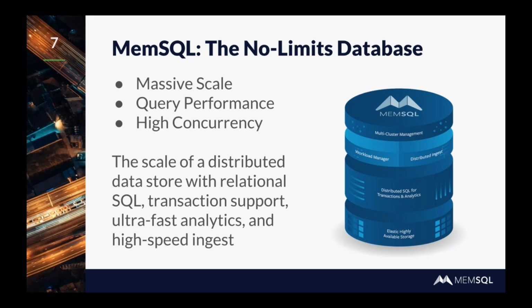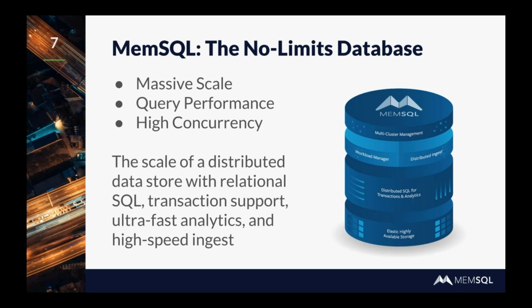And we combine that with a distributed ingest mechanism, because getting data in is critical to achieving the time to action and time to insight that you require. So we've made ingest a first-class citizen, a first-class feature in MemSQL. It's built into the product. You run it, start it, and manage it within MemSQL, allowing you to get high throughput using parallel ingest from a variety of data sources.